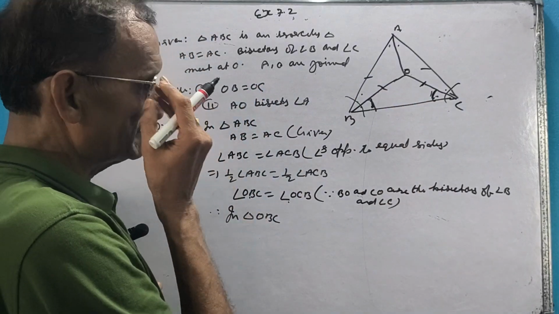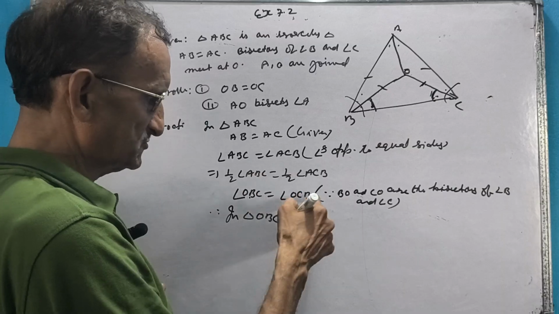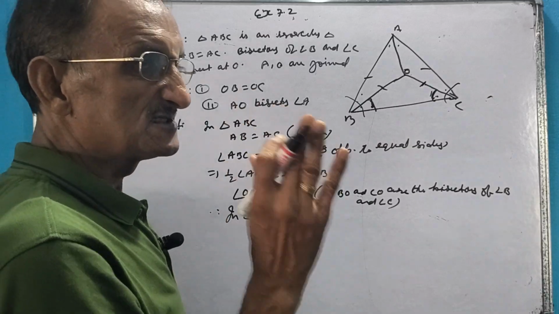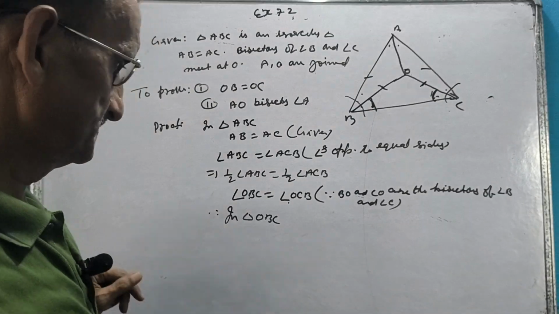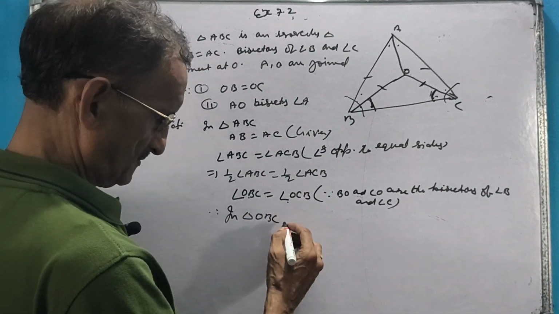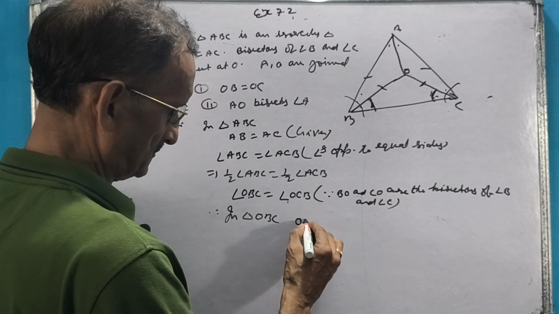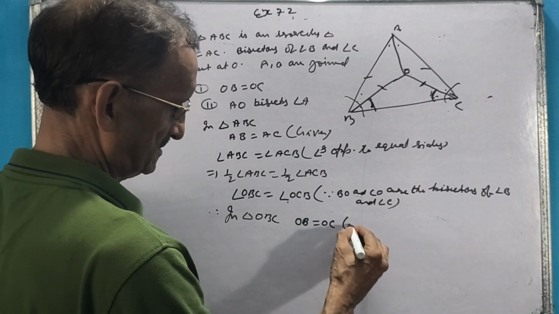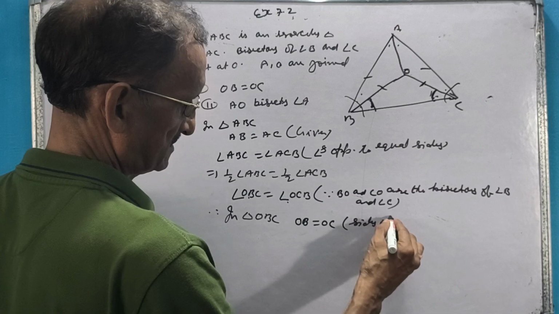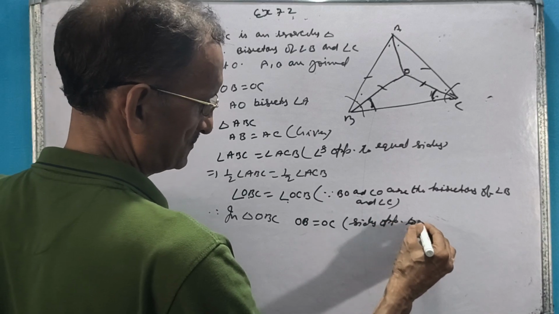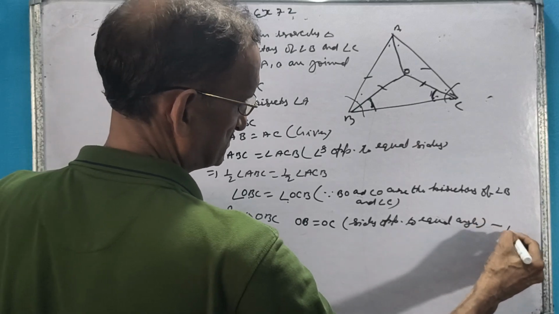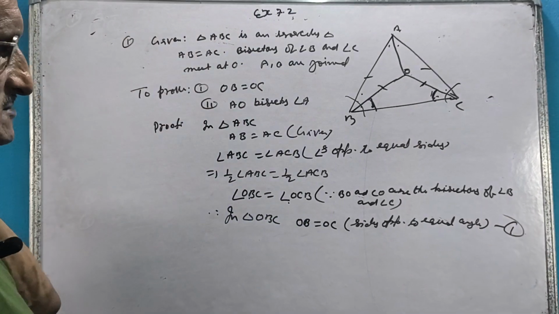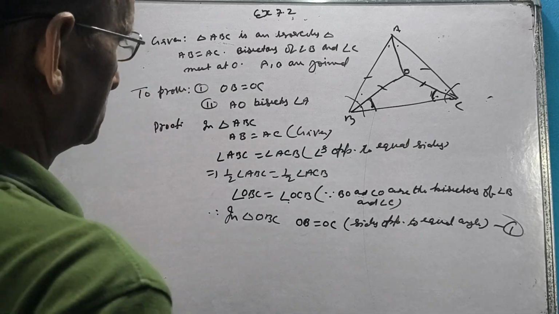You need to mention triangle OBC, because sides opposite to equal angles is true only for a triangle. So we write in triangle OBC, OB equals OC, sides opposite to equal angles. This is the first part of the proof. Keep it as an equation so we can use it for the second part.